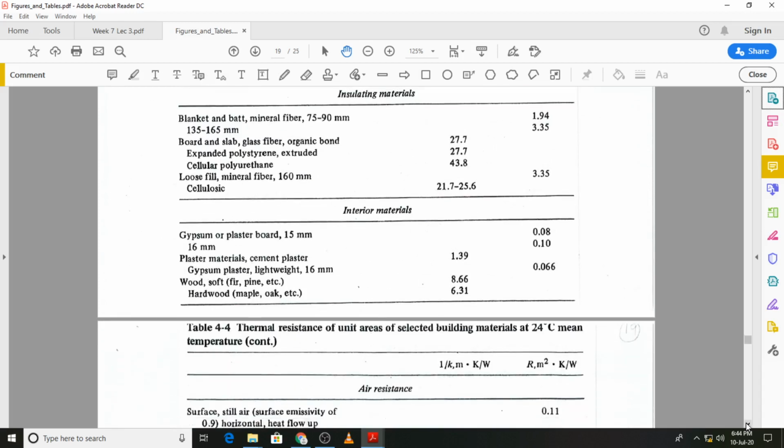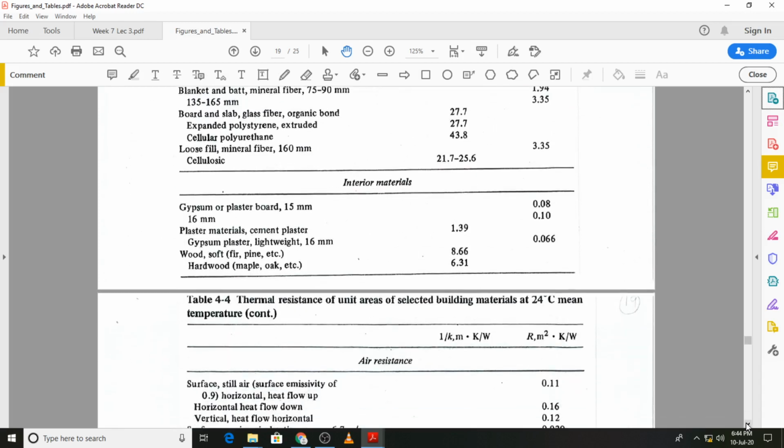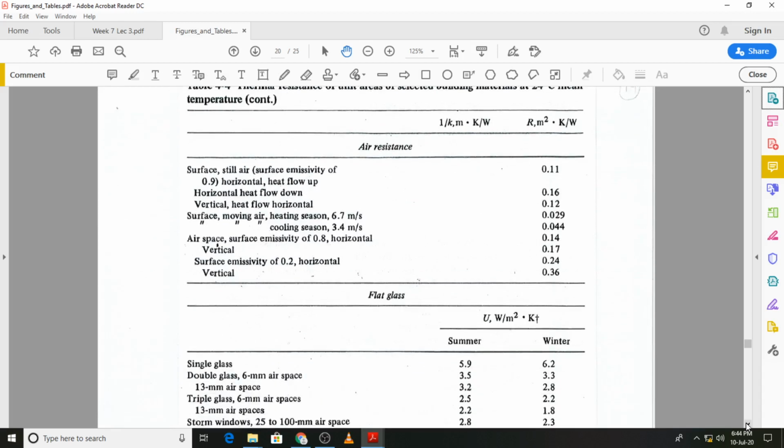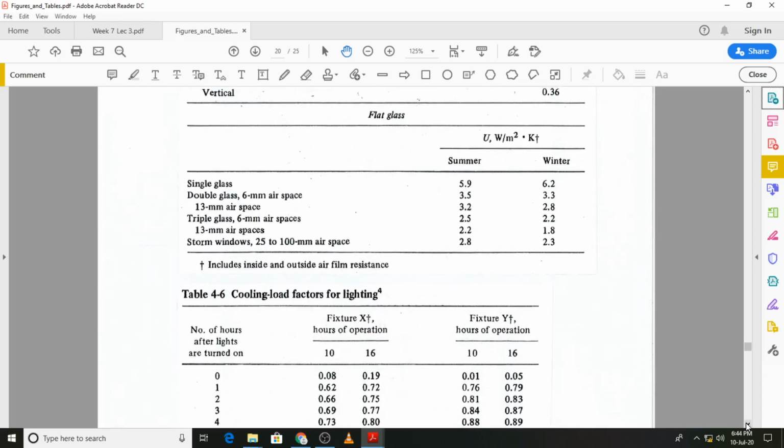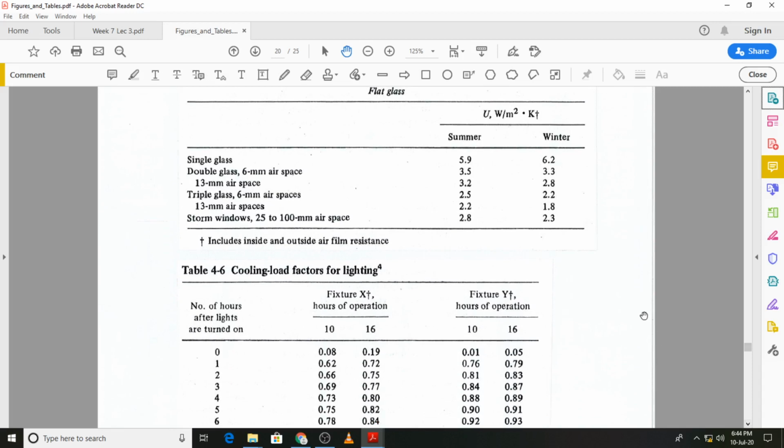We have the insulating materials, interior materials, then we have the air resistance, and finally we have flat glass, and that is what we will refer to find out the U value. You can see that the U value for flat glass is given for two different conditions. One is for summer, the other is for winter, because we need to find out the cooling load for summer, that is in July. So that is the column that we need to work with.